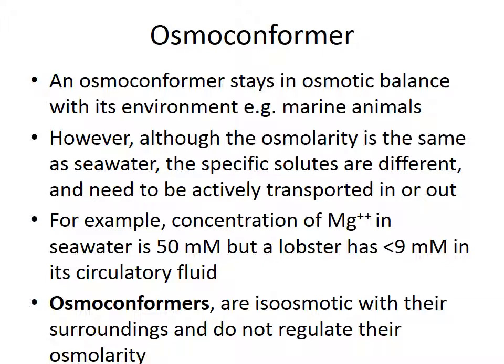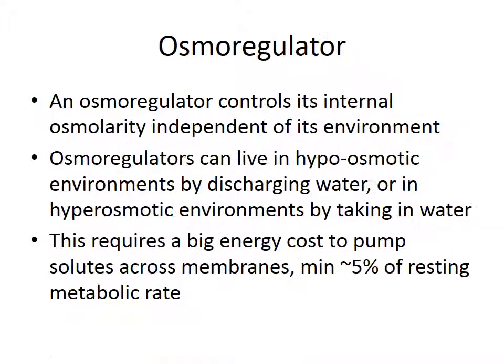For example, the concentration of magnesium ions in seawater is 50 millimolar, but a lobster has less than 9 millimolar in its circulatory fluid, so it's constantly pumping out magnesium ions, even though it has the same osmolarity in its blood as the seawater. So it's an osmoconformer. It just has different ions than seawater. Osmoconformers are isoosmotic with their surroundings, and they do not regulate their osmolarity.